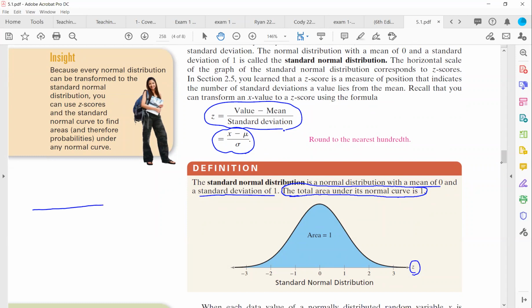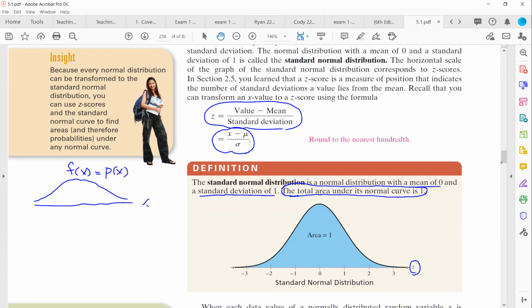So our original normal distribution has x values on the horizontal axis, and this is just the function, the values, f of x or p of x.